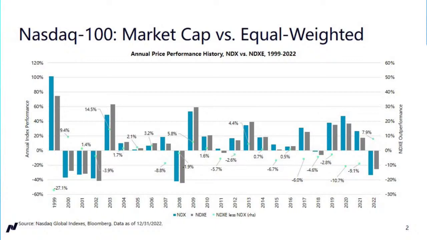I went back as far as we can with the history of the equal weight, just to put the performance differential in perspective. Last year you saw the equal weight outperform by about 8 percentage points. That was one of the best performances we've seen historically, the best one since 2003.